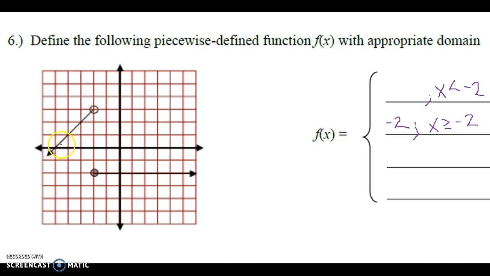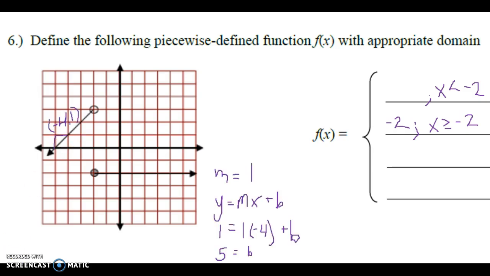So we need to find the slope here. This is an increasing slope. It seems to be a slope of 1. Knowing that our slope is 1, we can choose a point, and I just chose this point here, -4, 1, and we can plug in the x and y values for that point into our slope-intercept form, plugging in the values we have, 1 for y, 1 for slope, and -4 for x.